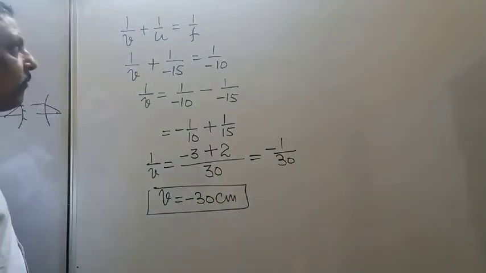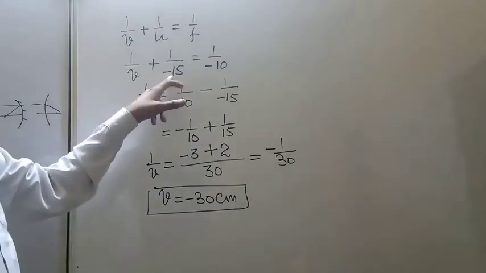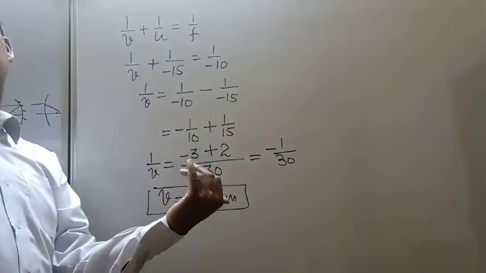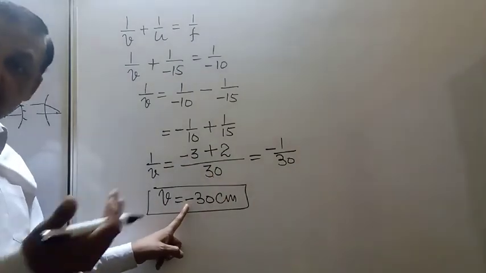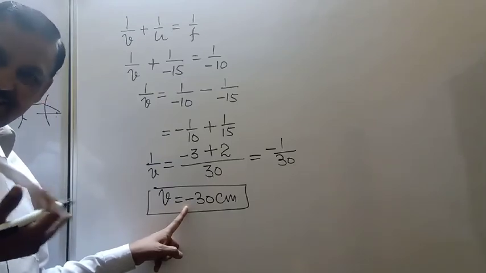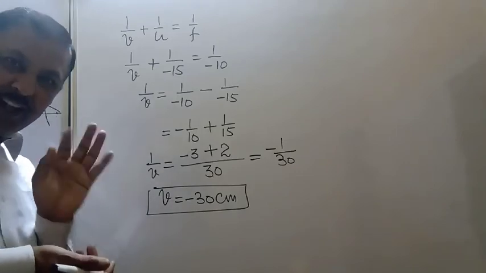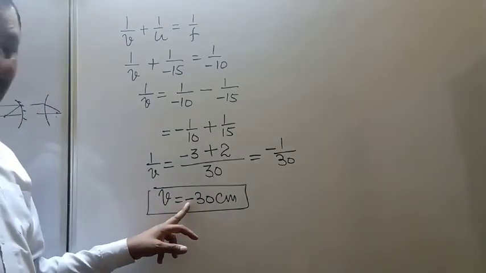It means if the object is placed at 15 centimeter, the image forms at double, 30 centimeter. The negative sign shows this is a real image, on the negative side of the mirror.